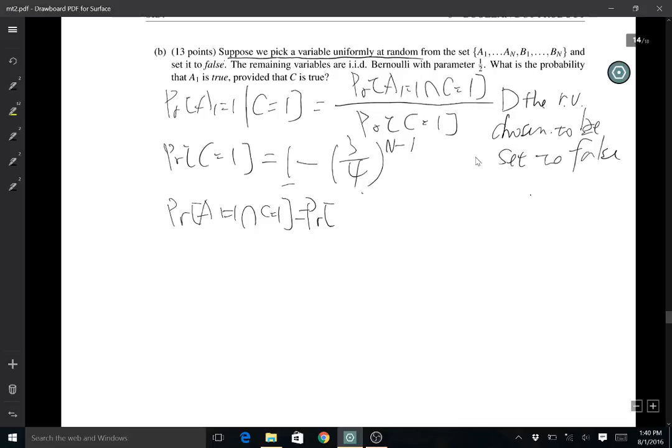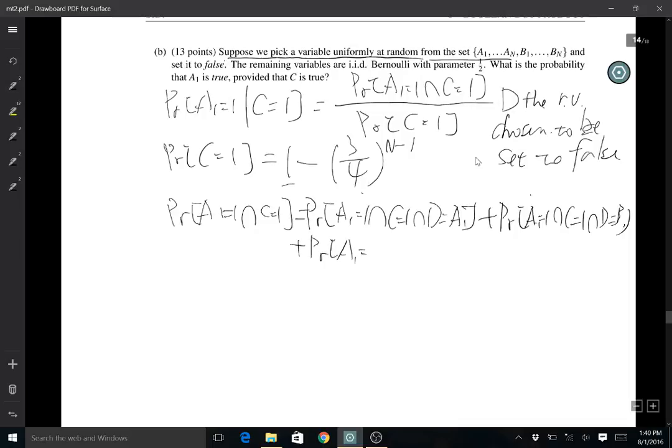Okay, so let's see A1 equal to 1 and C equal to 1 and D equal to A1, meaning that at the beginning we chose A1 to be false, okay, plus the second part, A1 equal to 1 intersect C equal to 1 intersect D equal to B1, so we set B1 to false at the beginning, plus A1 equal to 1 intersect C equal to 1 intersect D is not equal to A1 or B1.